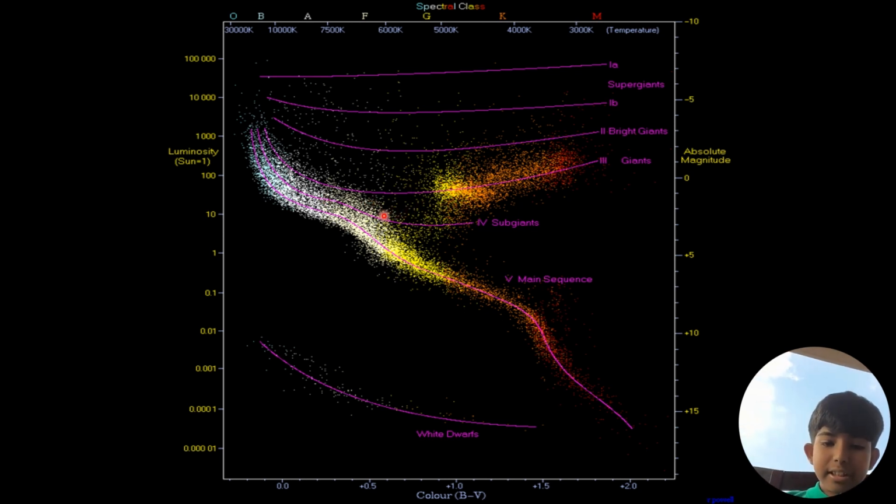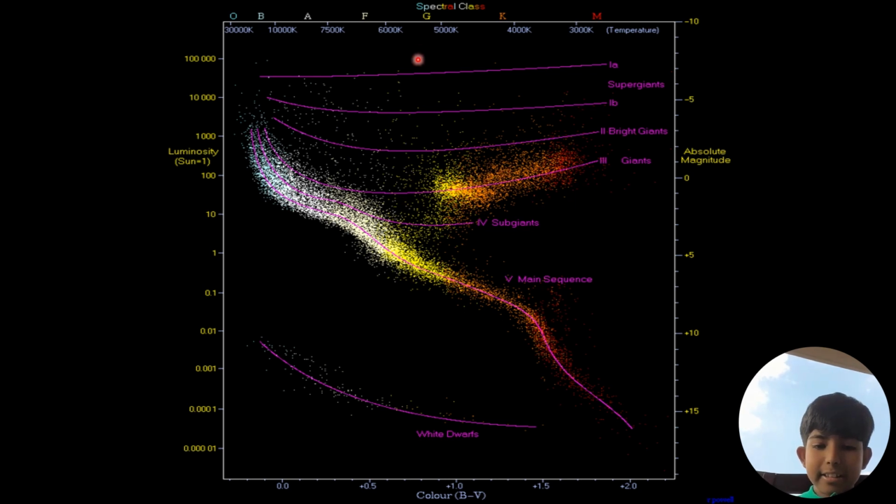And so even though the line for giants goes through this place, they are evolutionary subgiants, although they are usually classified as giants because they haven't become giants yet.